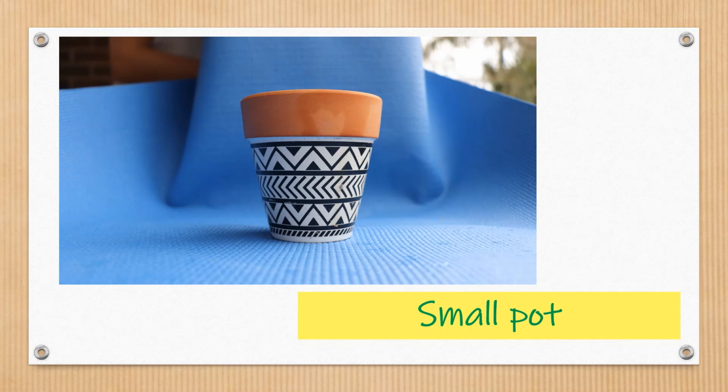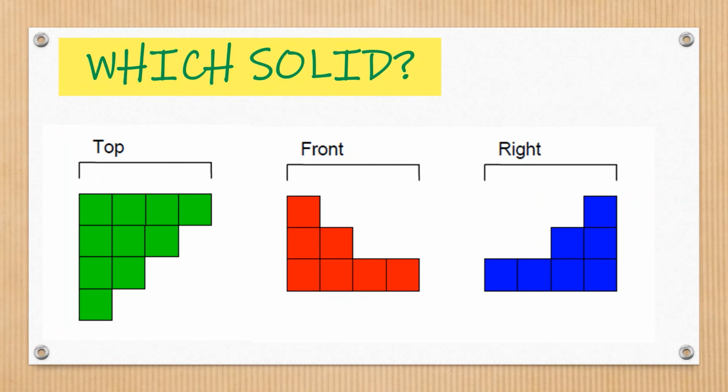Okay, our final Which Solid. Our final Which Solid is not a solid you typically find at home, and it doesn't have a name to it, but I want you to have a look at the information you're being given. So the sides this time have been color coded. From the top in green, you can see that we've got those squares.